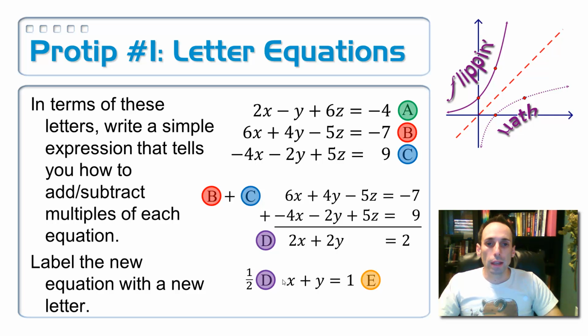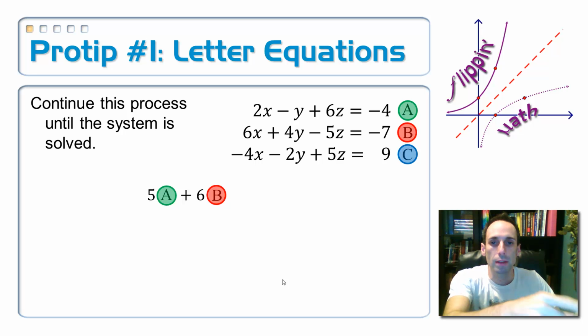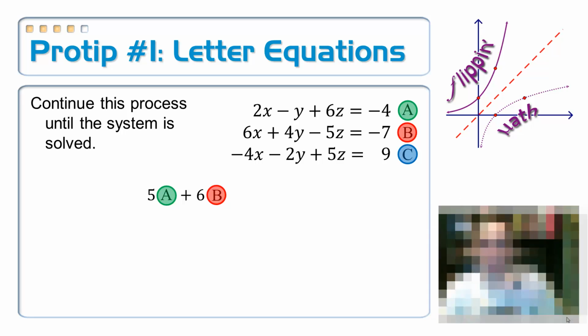So we go back, and maybe I use equations A and B together. A combination on this one to get rid of the Z would be 5 times A plus 6 times B. So I'm going to write down 5 times A, multiplying the first equation by 5: 10x minus 5y plus 30z is equal to negative 20.